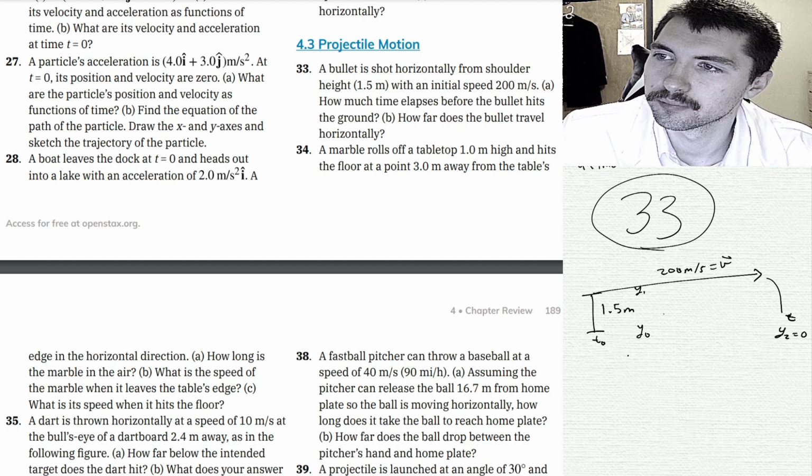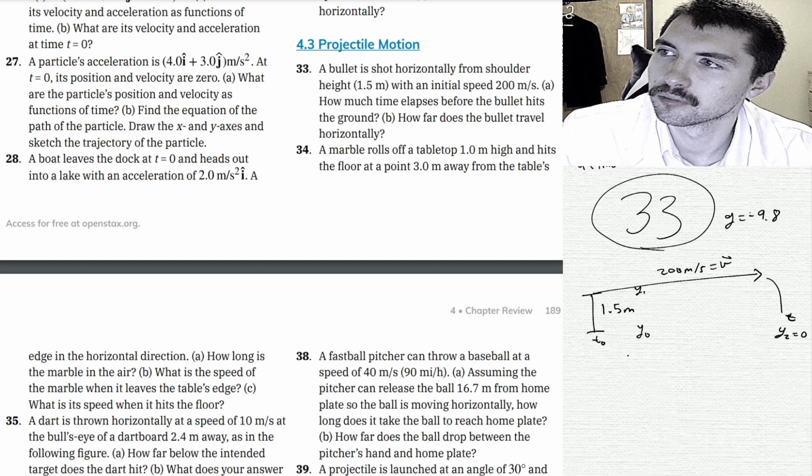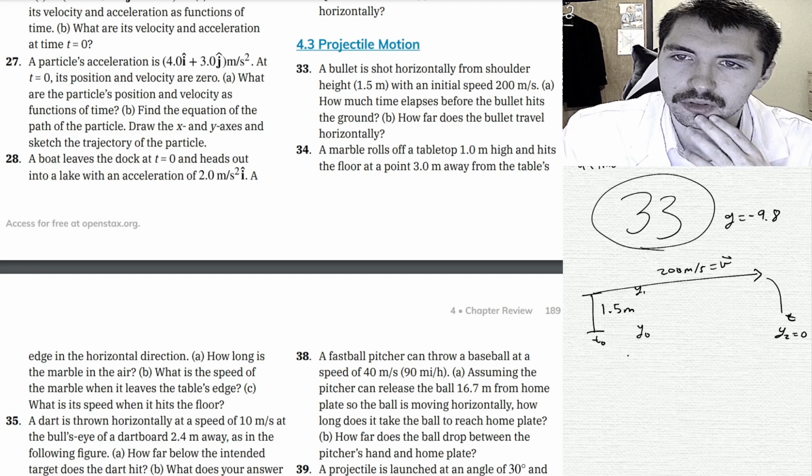Gravity. So I'm thinking that these are the knowns.